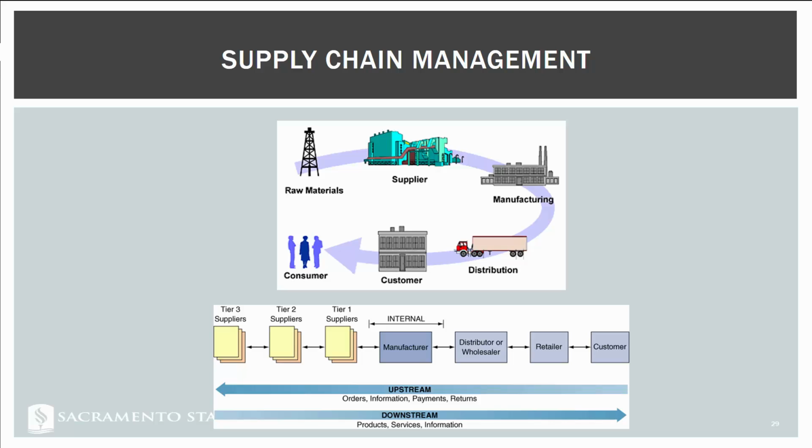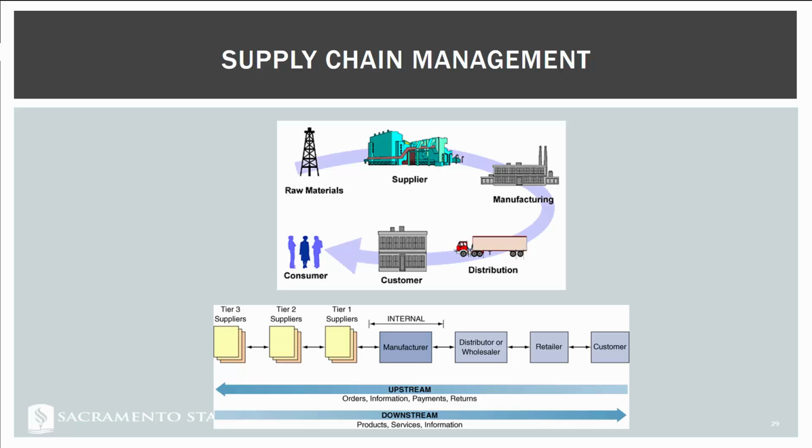All right, our next type of enterprise system is a supply chain management system, or sometimes referred to as an SCM system. So if you've taken the supply chain management class, here's a basic graphic that shows a supply chain. On the top, we've got raw materials that are supplied to a particular supplier.